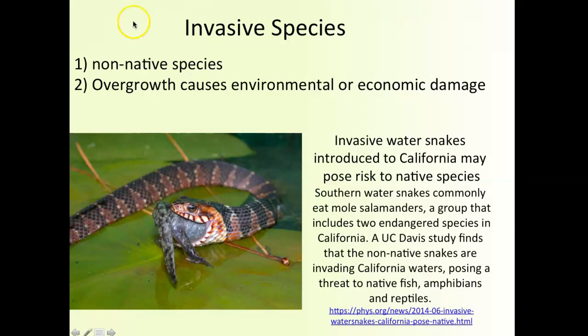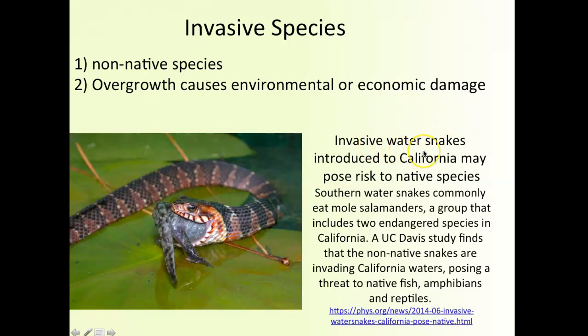So that's what non-native species is. Non-native did not evolve in a certain area. And when you introduce a non-native species into a new area, you can have overgrowth that can cause really detrimental environmental or economic damage. I have a couple of examples here.